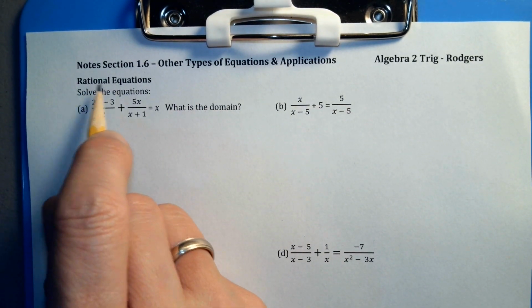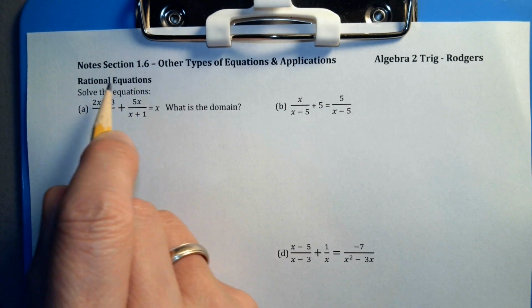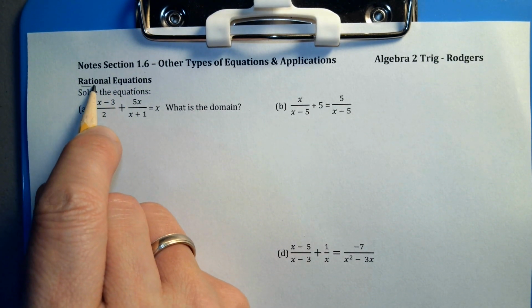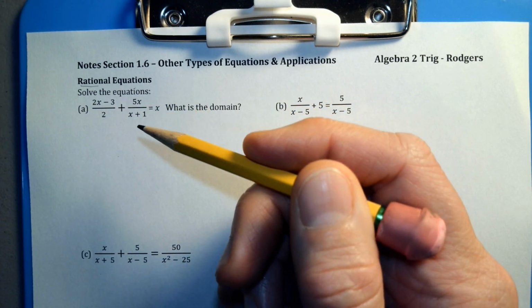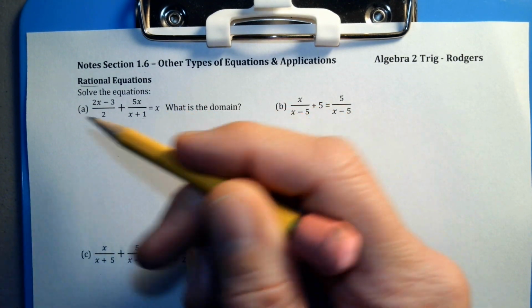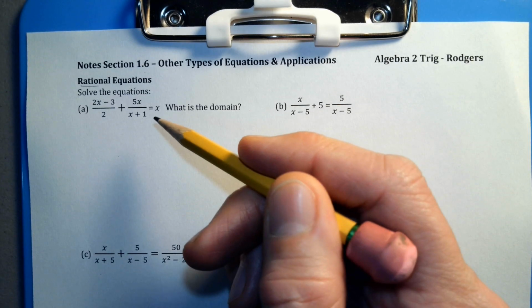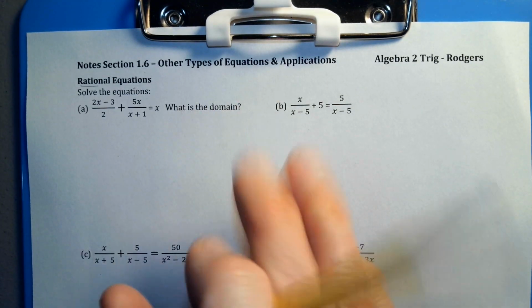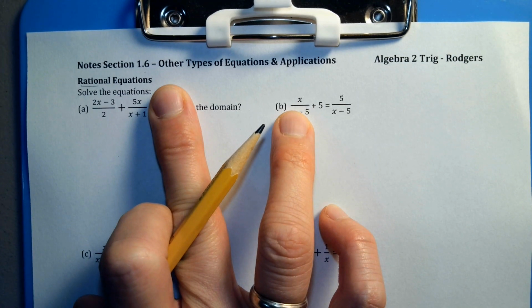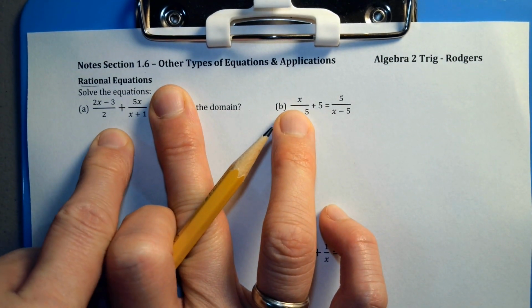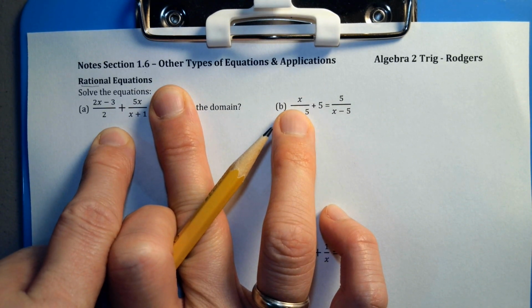We have rational equations. So rational, you can see, of course, the word ratio in there. So we have expressions both on the top and the bottom of fractions, right? And it's in the form of an equation. Now, we dealt with things like this before when we had rational expressions. So we had something maybe just like these two fractions being added together.